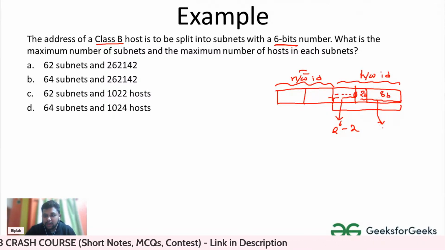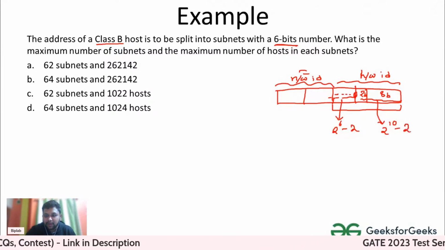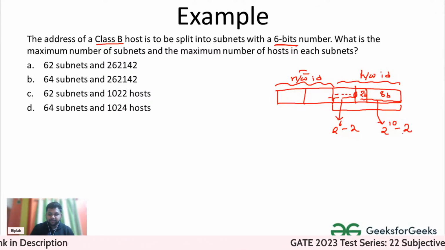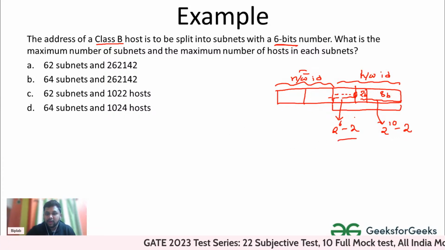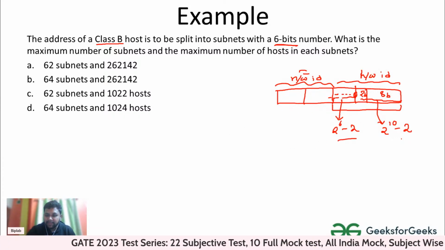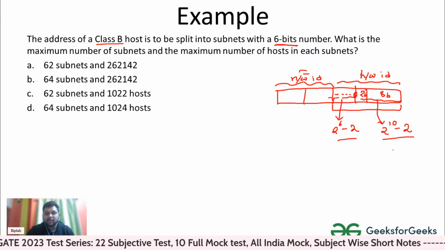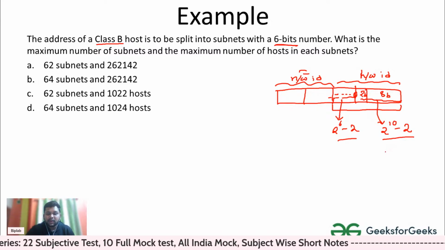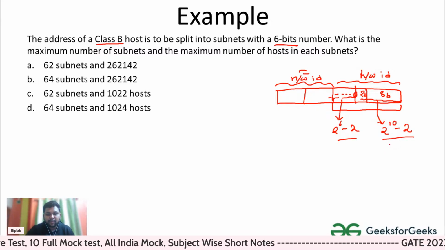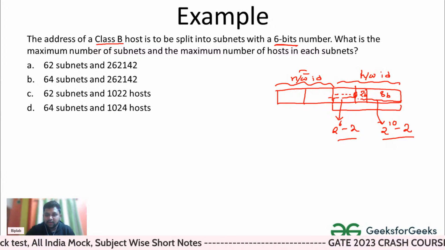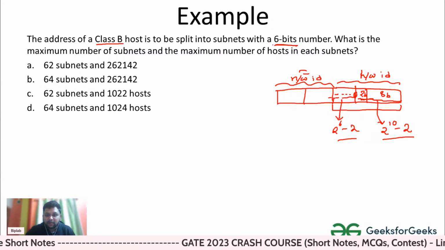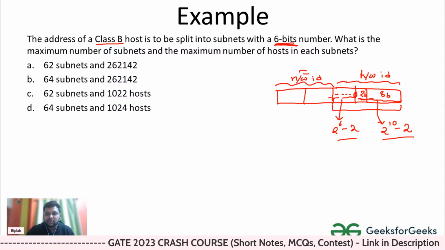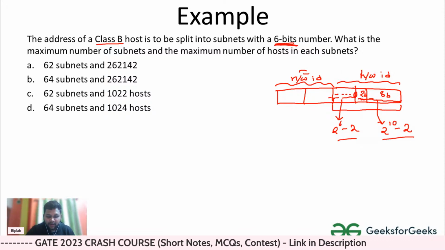Total there are 10 bits, so 2 to the power 10 minus 2. 2 to the power 6 minus 2 is the number of subnets, and 2 to the power 10 minus 2 is the number of hosts per subnet, because these bits represent the host ID, and the 6 bits given in the question are used for your subnet ID.